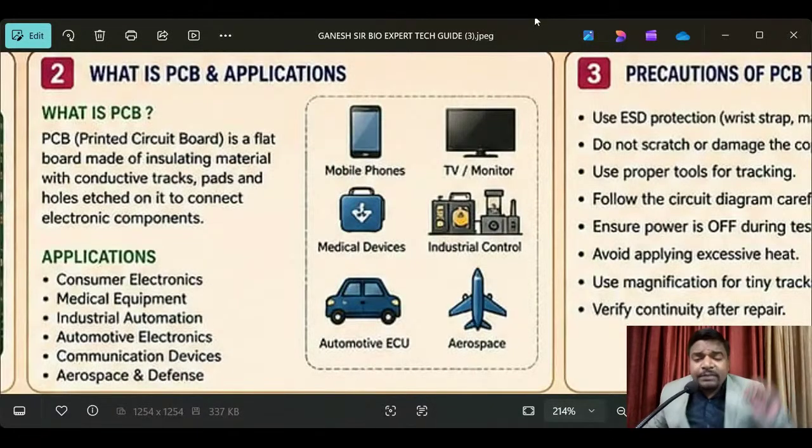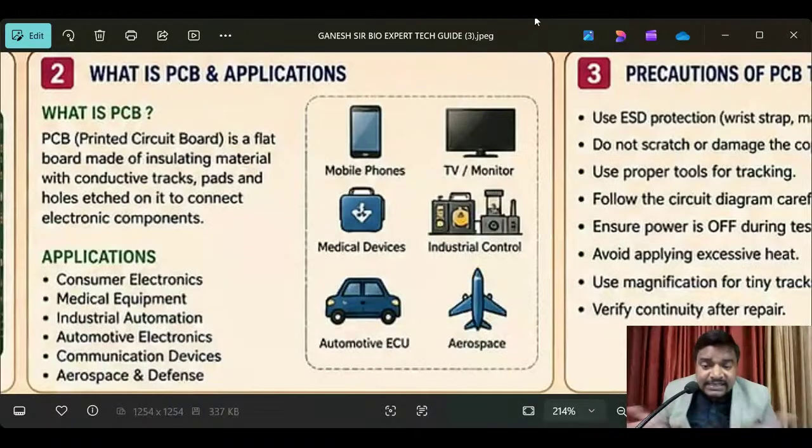Now here, these are very important things for every biomedical engineer. Whoever is working as a biomedical engineer, if you have 5 or 10 years of experience, you should be capable of checking the technical things. That is the basic thing: to diagnose issues, replace components, check components, and find out problems in medical equipment.